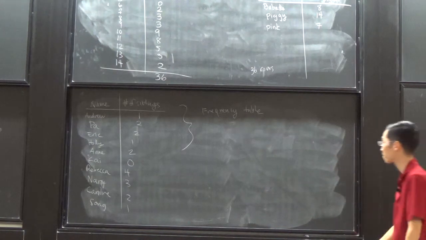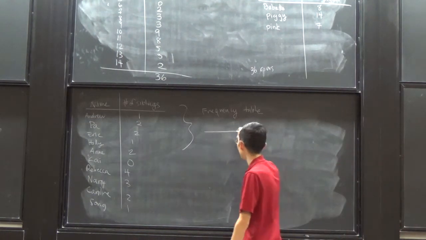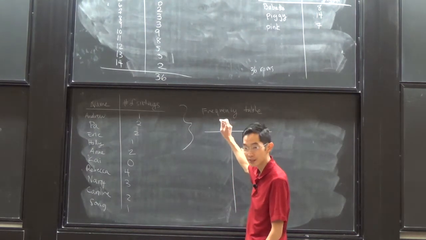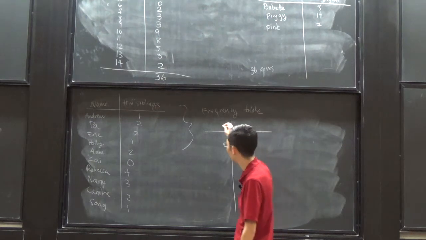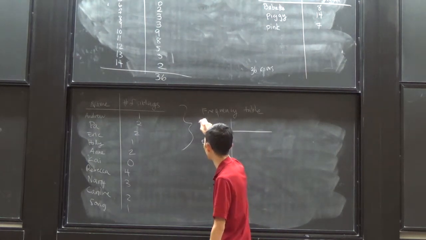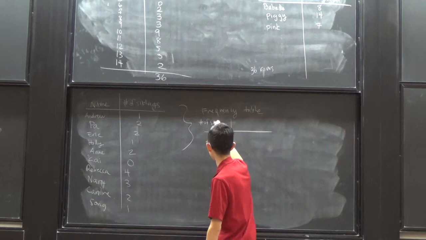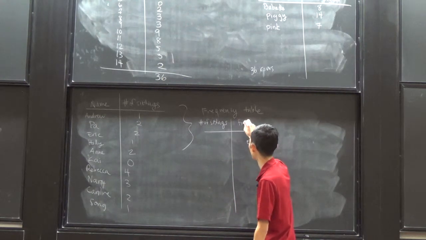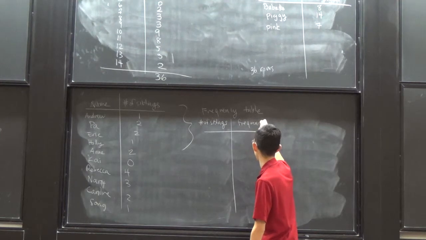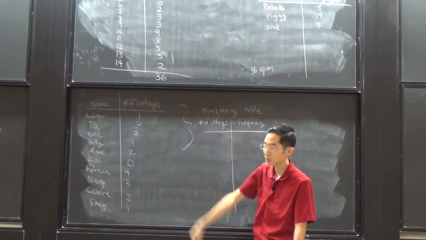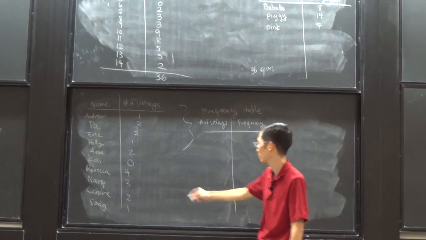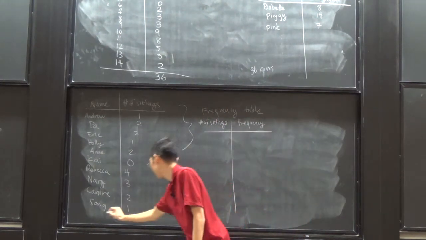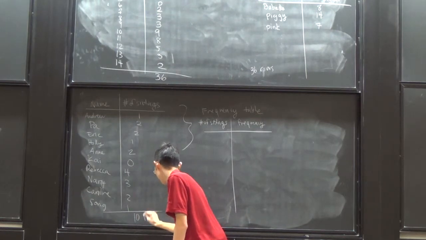Over here is going to be the number of siblings, and over here is the frequency that this has shown up. How many people did I interview? I think 10 people total.